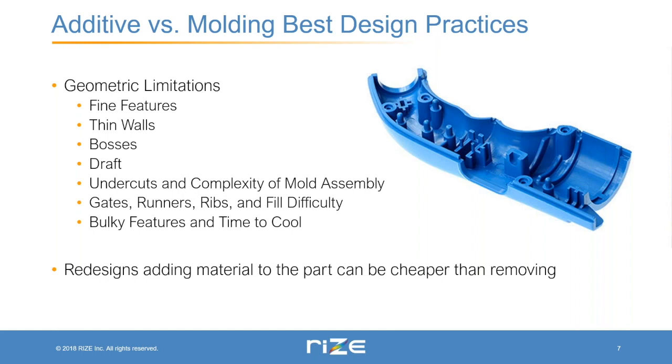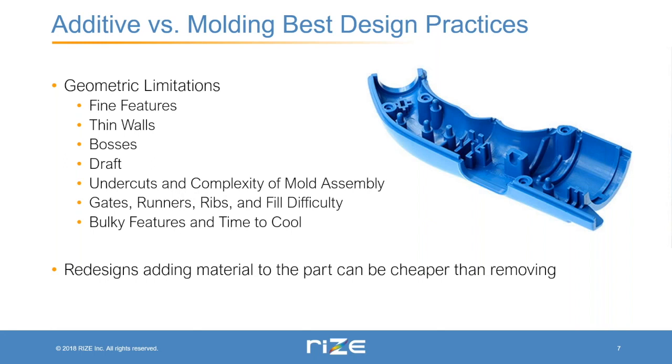This is because each undercut that you include will likely need a separate moving component that can be added and removed from the mold in order for you to assemble it together and then not get the part stuck inside after it finishes cooling.